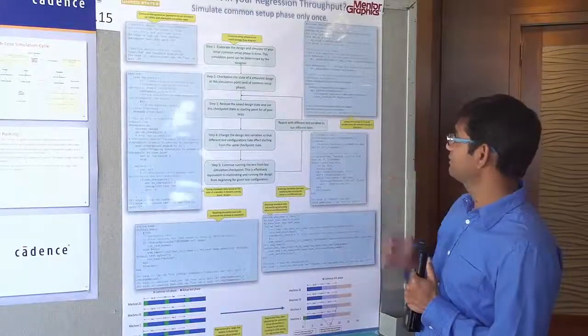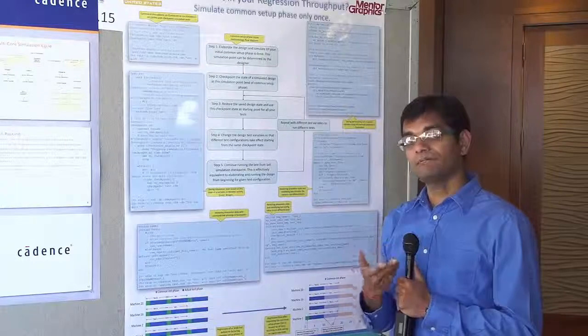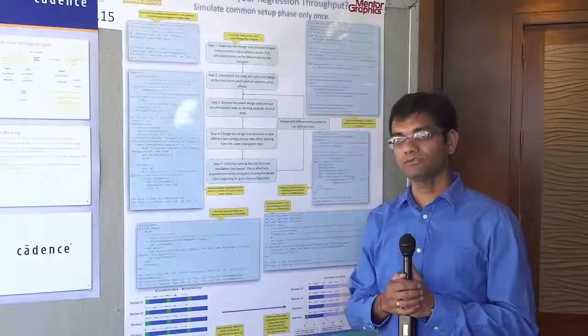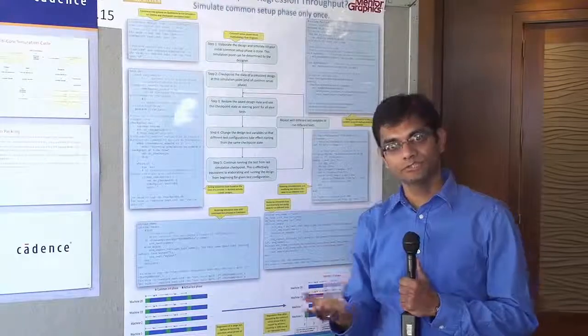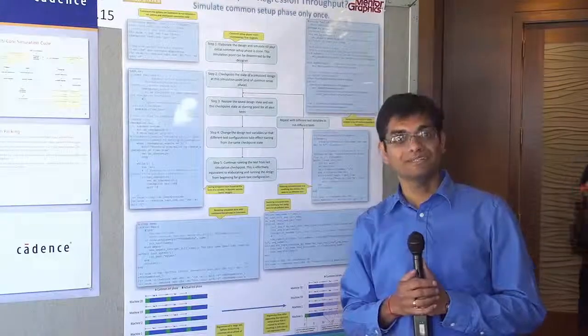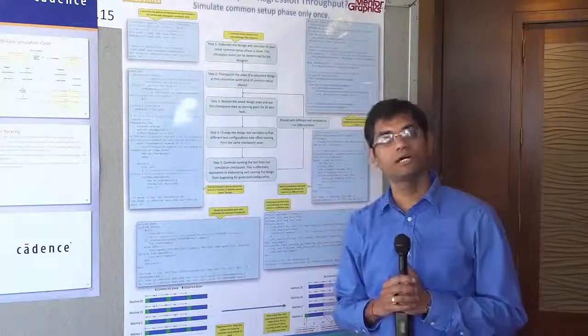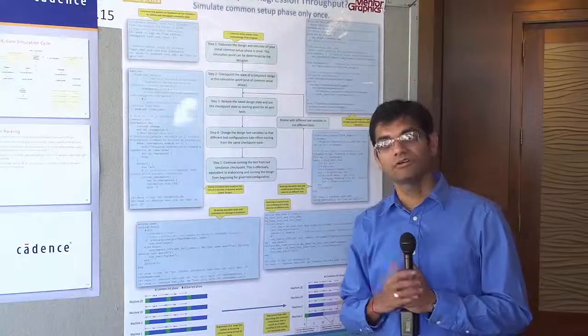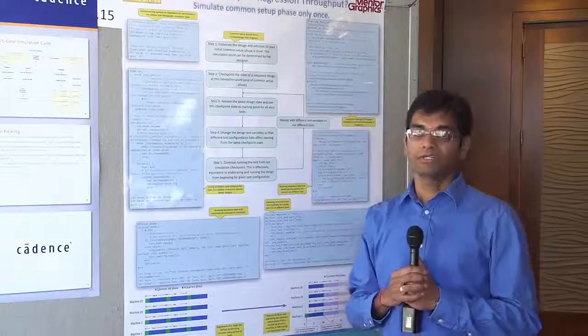One of the features we have added in the tool recently: this feature has been there for a while, but a lot of users do not know how to use it or how to apply it in their design. One of the hurdles we have seen is that whenever a user has C code, like DPI code or an IP model, it creates a bottleneck in the flow.